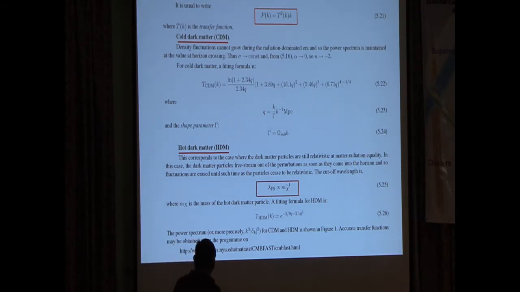of reduced growth. So there are fitting formulae that describe what comes out of calculating all these processes for hot dark matter and cold dark matter.